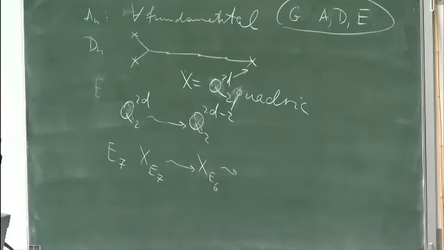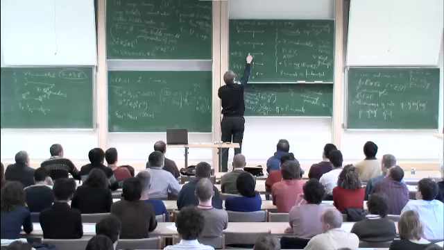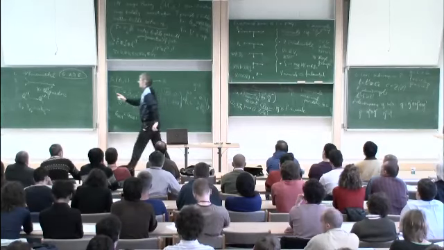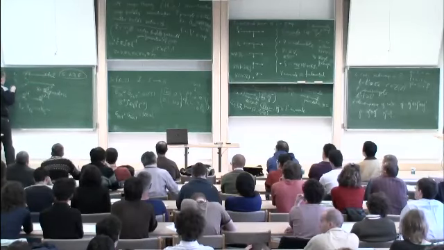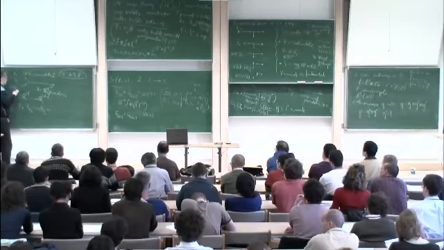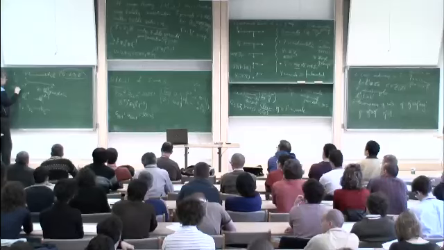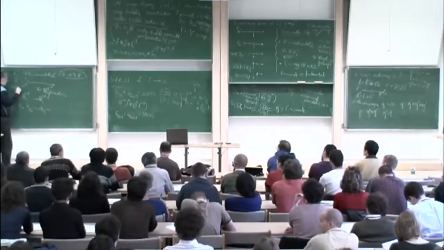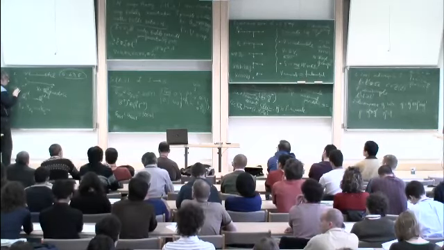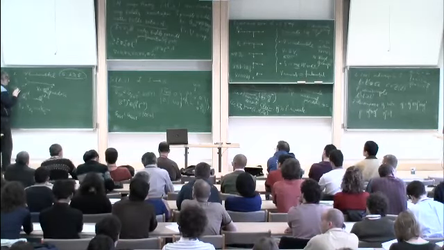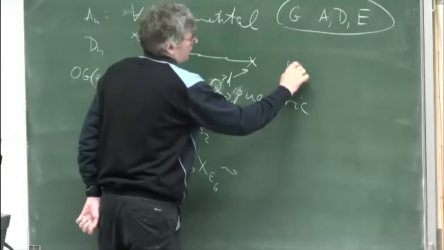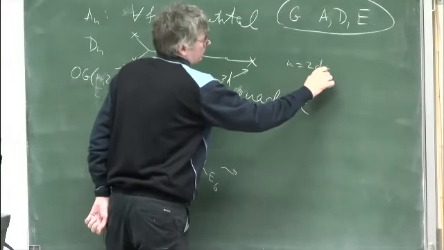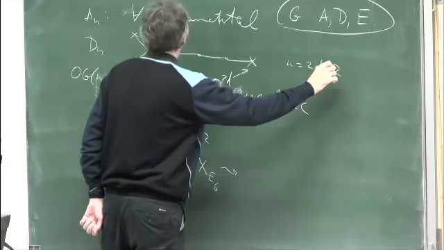is the orthogonal Grassmannian of maximal isotropic subspaces in this D. So n here is 2D plus 2, I believe.